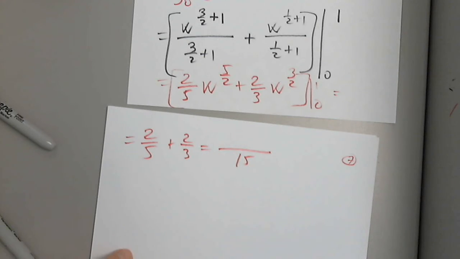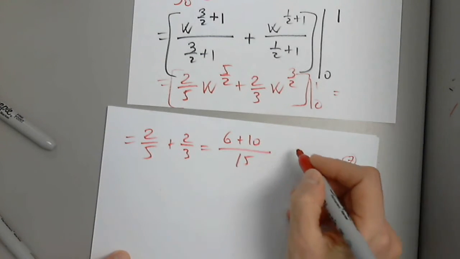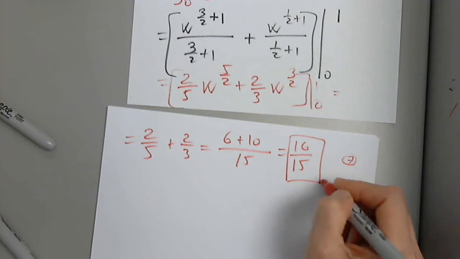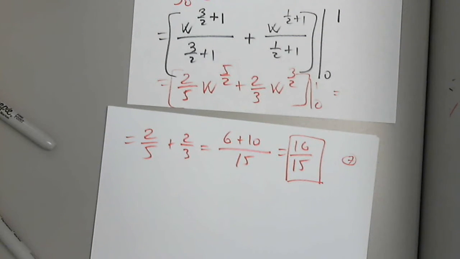So it's going to be 6 plus 10. So this is 16 over 15. And this is final. And if you say go back and check, I'll say sorry. All I can do is start from scratch and do it again. There is no way I can check the answer.